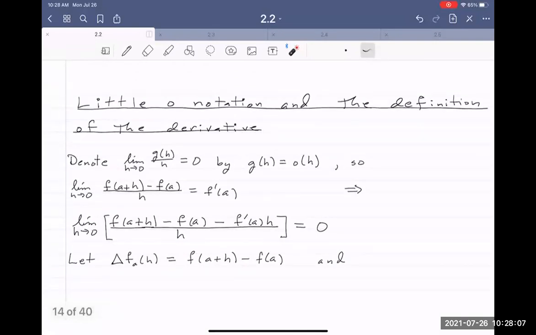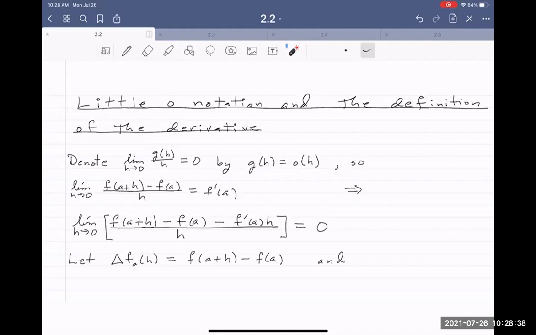Let me give you some notation so that I can give you an additional definition for the derivative, which will be very helpful in later courses. This will be the derivative that you will be using throughout most of your courses.